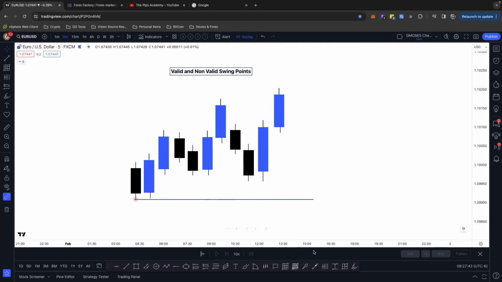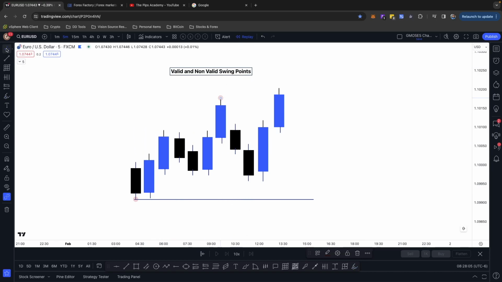However, if we can see that price just gave us a complex pullback here and it decided to break this high, now we can look at this and say this is our current high at this point, because we have 2 candles that pulled outside the range of this candle.